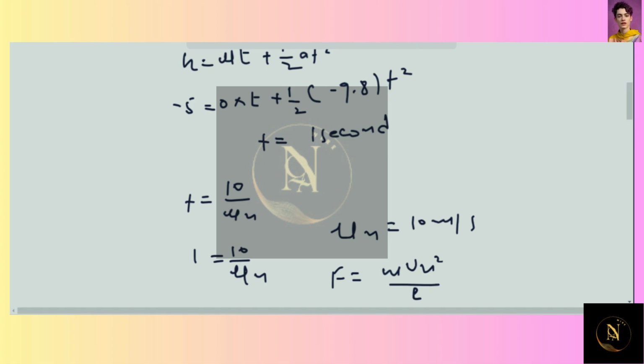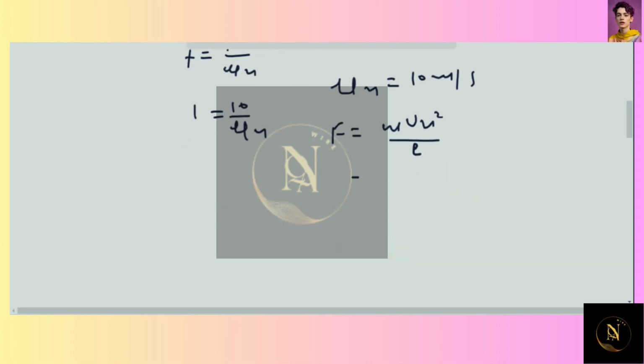So let's plug in values. Mass of Tarzan is 80 kilogram, velocity is 10 square, and here L is 8. So the force equals 1000 Newton.